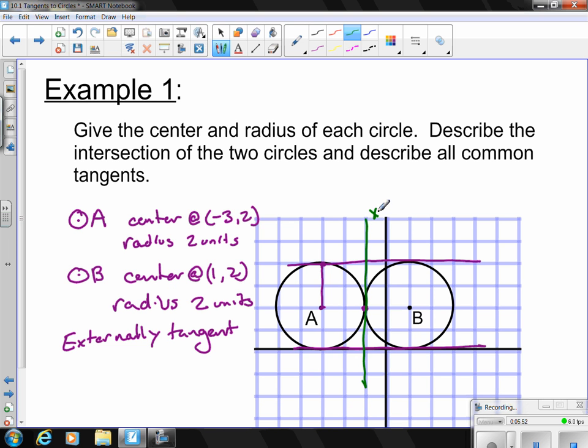This would be the equation x equals -1. This is the equation y equals 4 and y equals 0. Those would be the equations of the tangent lines. That's a great way to describe them, right? Y values are all 0 all the way along here. Your x values are all -1 up and down here.